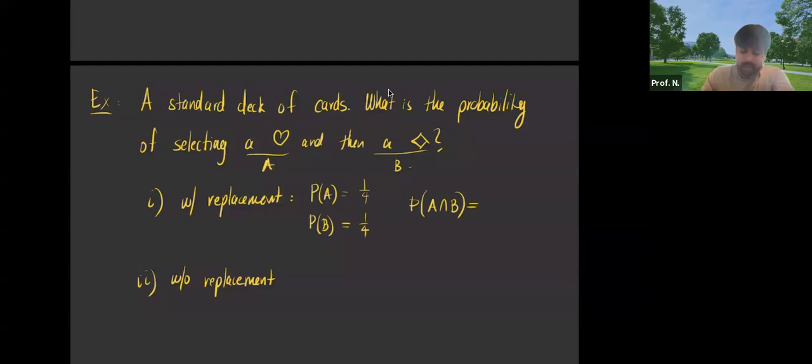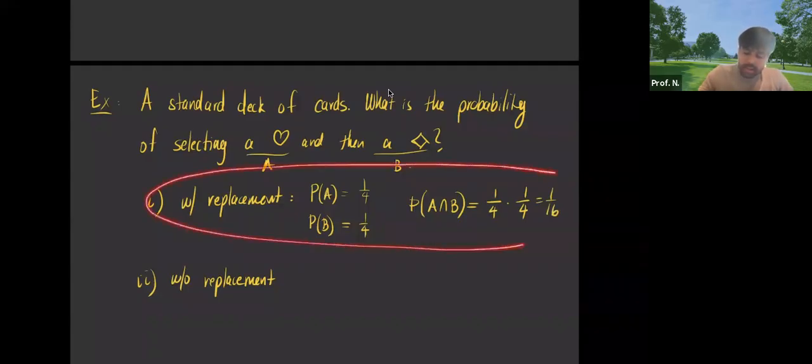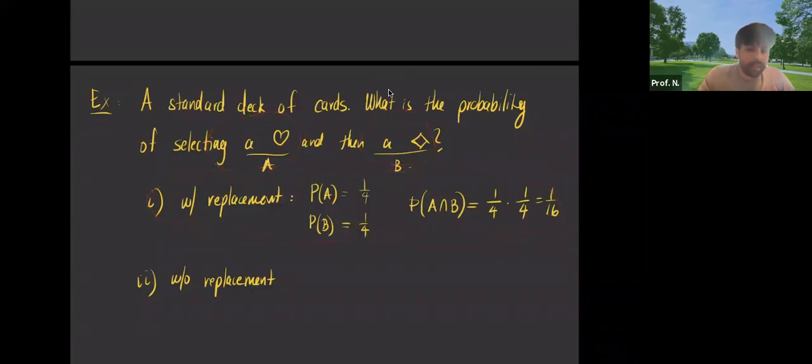If I select a heart, I have a fourth of that happening, right? And if I select a diamond afterwards, after it's replaced, I still have a fourth happening. So this is 1/16th.